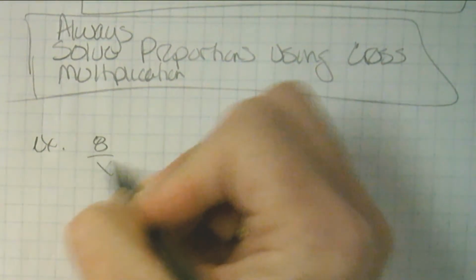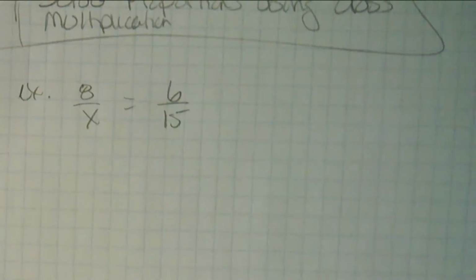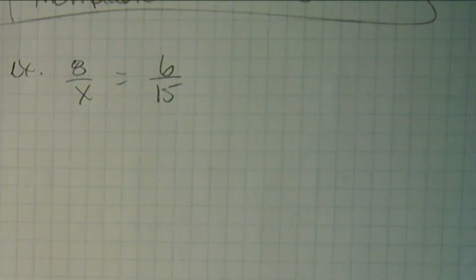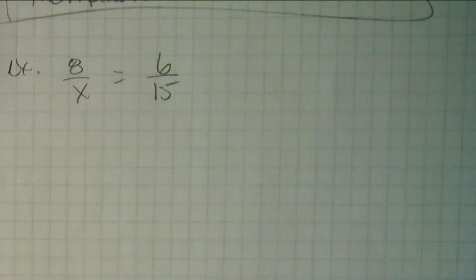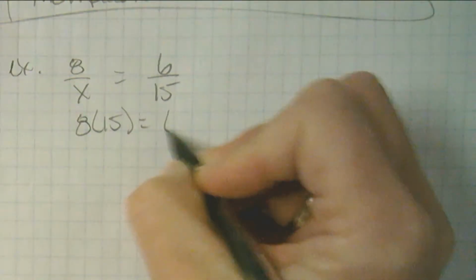So if I have something like 8 over x is equal to 6 over 15, all of you do this, please. I'm going to do this real quick. This is just reminding you what cross multiplication is.